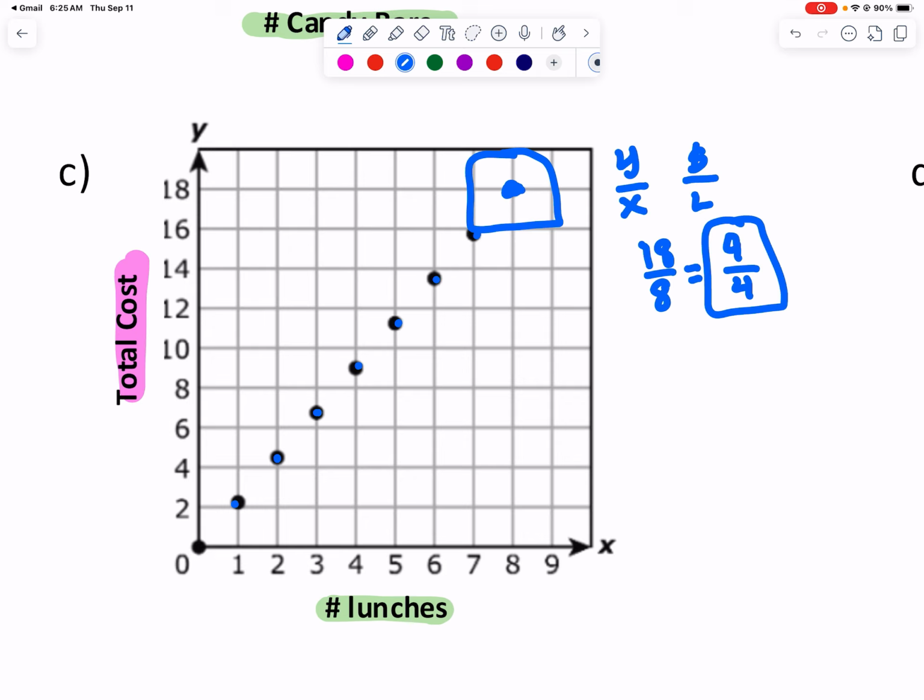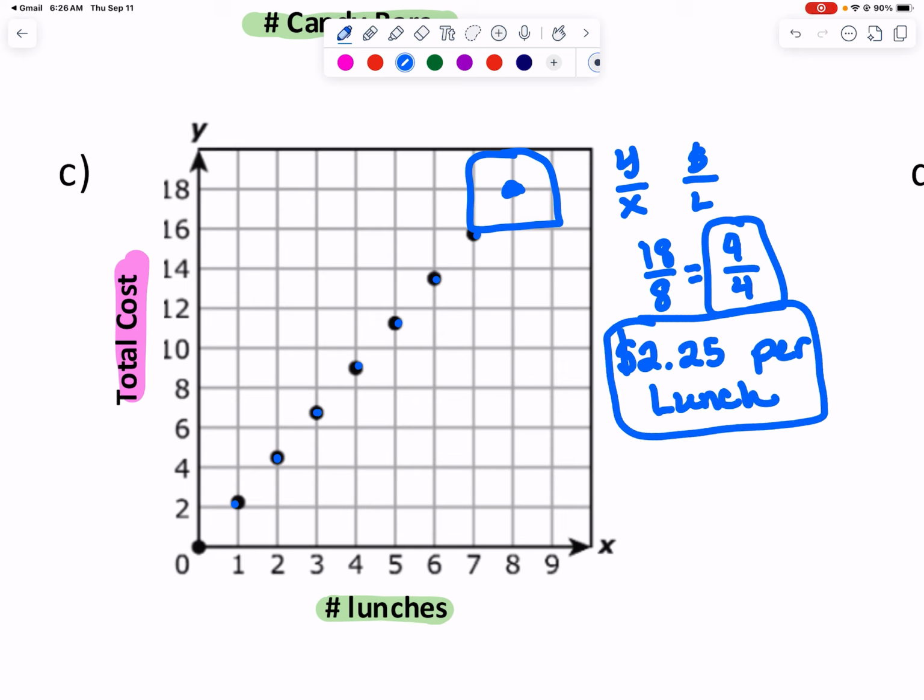So let's put that in your calculator and divide that. 9 divided by 4 gives us $2.25 per one lunch. Okay, $2.25 per lunch.